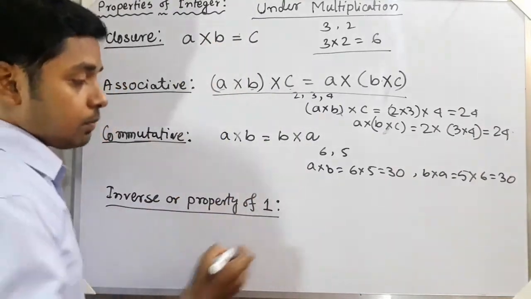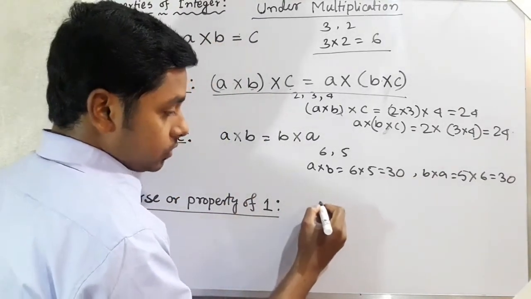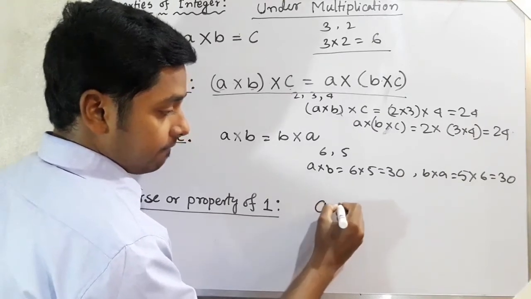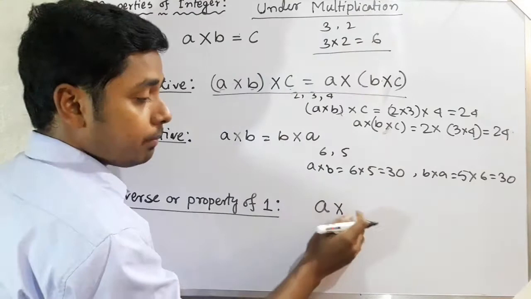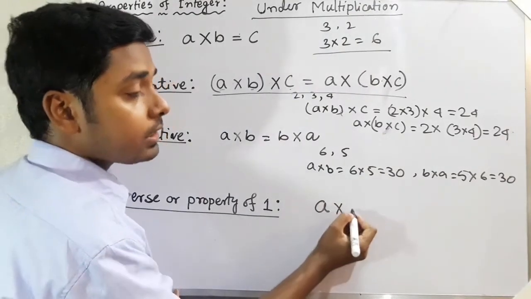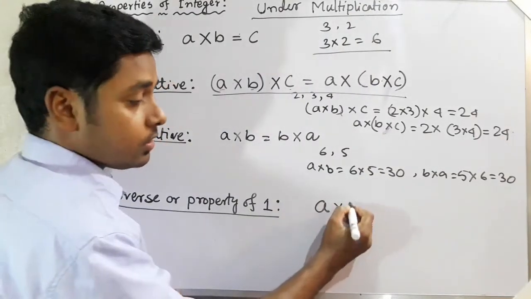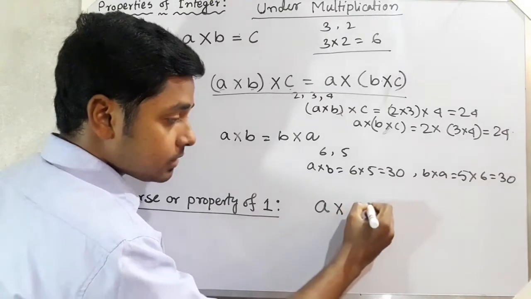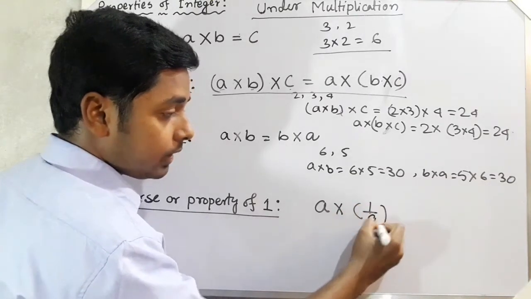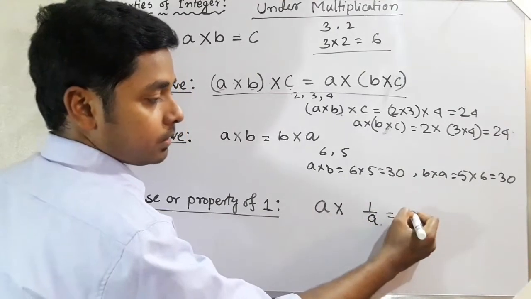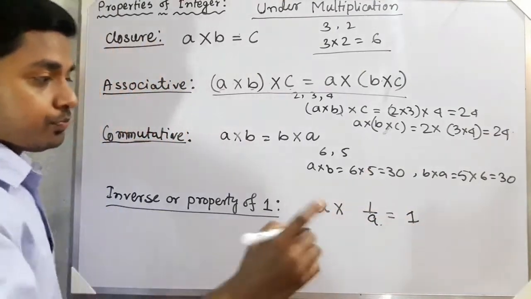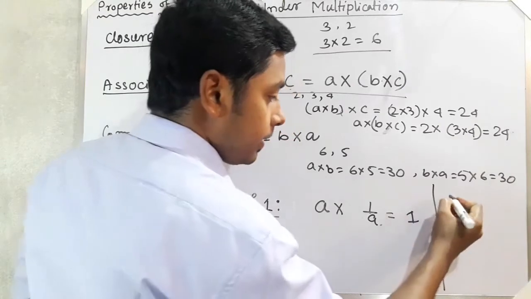Okay, so what is the property? So a into, that means we are talking about multiplication, so a multiply. Now we have to take the multiplicative inverse. So what is the multiplicative inverse of a? 1 by a. Don't put bracket. That means 1.